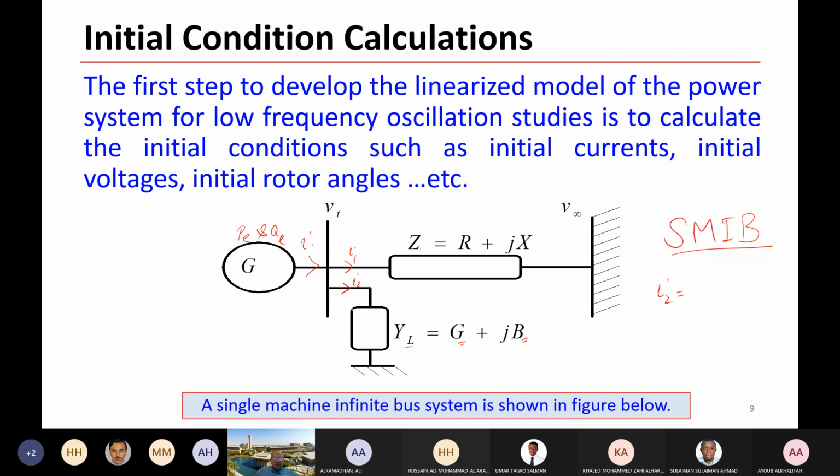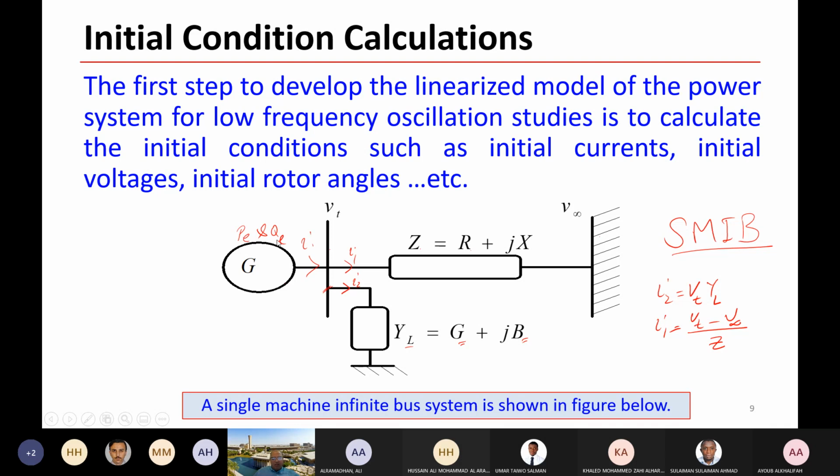This is the admittance, and the voltage here is known. So VT times YL. So this is the current here: voltage times the admittance. And I1, we can write it as VT minus V infinity over impedance Z. So I equals I1 plus I2.